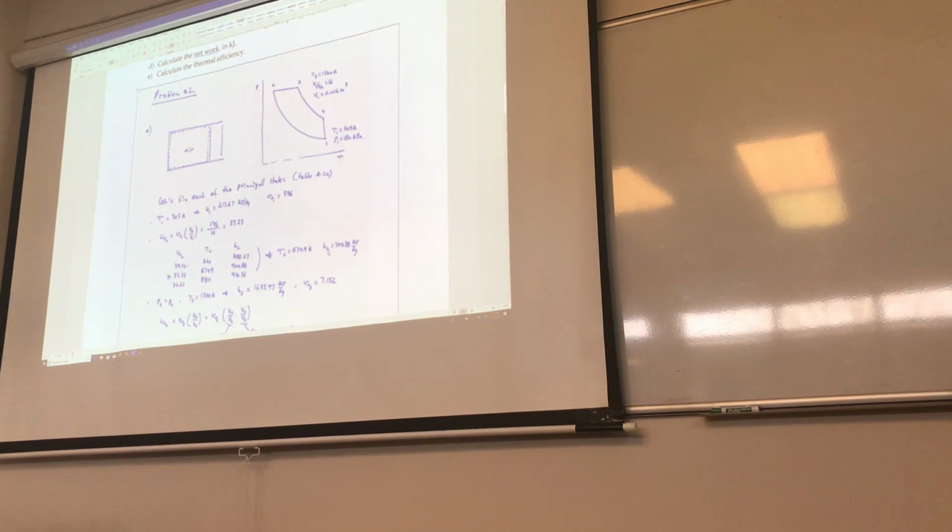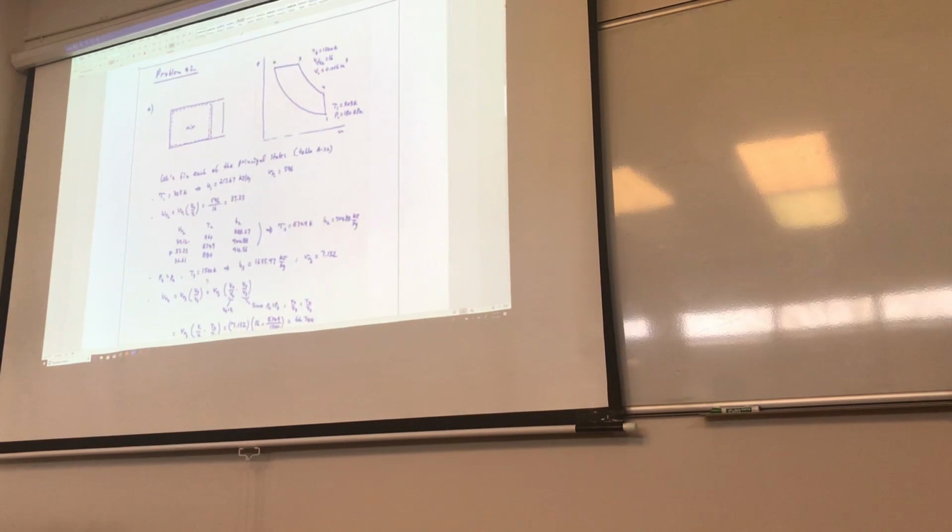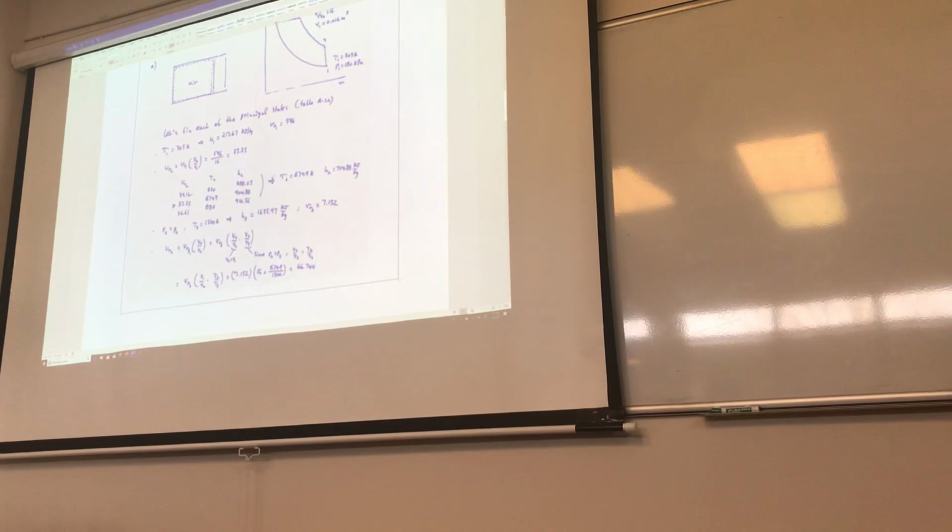I don't care about U2, I need H2, okay? Which I get here at 904 point something. And then at 3, the temperature is known, so I read the value of H3 immediately. But I pick up the value of VR, and then I compute here what VR4 is. And this calculation was in the example, right?